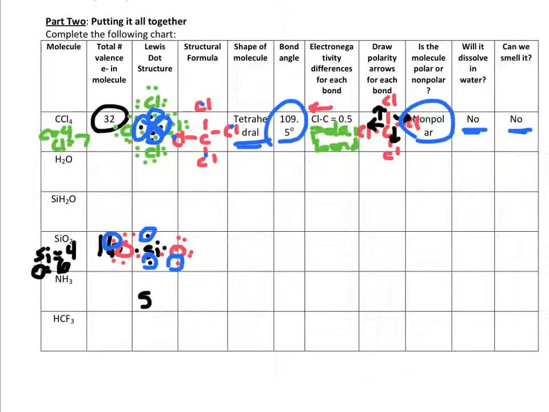So let's do that. We're going to do silicon, move these guys in the middle, and put our oxygens on the side. It's going to look like this. All right, our Lewis dot structure. Now our structural formula, remember, is the same as our dots, just lines instead of dots.